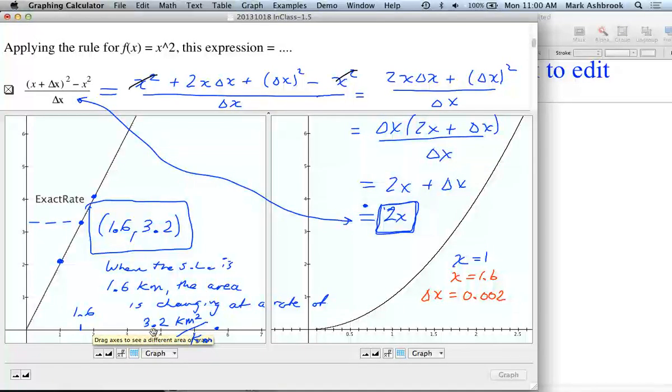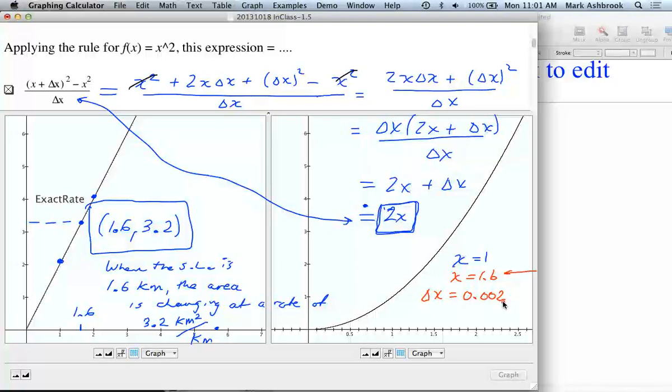There's all kinds of quantities flying around here. You've got to be very specific with your language, or else no one knows what you're talking about. Is 1.6 an area? I mean the side length. Sorry. Okay, the side length is 1.6, and we let the side length increase a little bit.